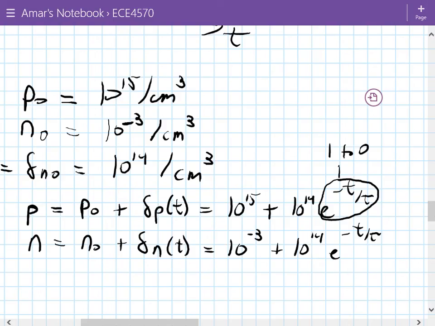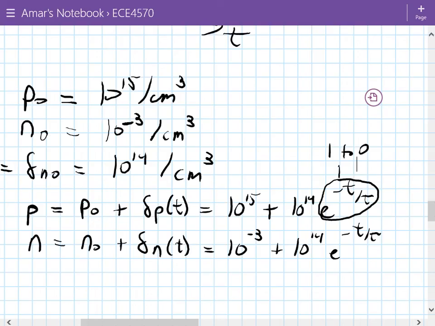So if I were to ask you, what is the total carrier concentration at t equals 0, you could say it's just 10 to the 15th plus 10 to the 14th. This t here is 0. In the case of the electrons, if I asked you the same question, you'd say that it's 10 to the negative 3 plus 10 to the 14th.